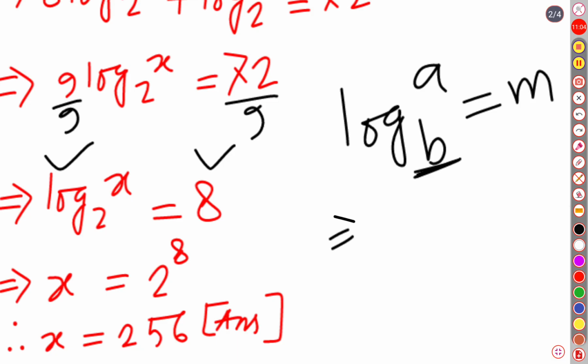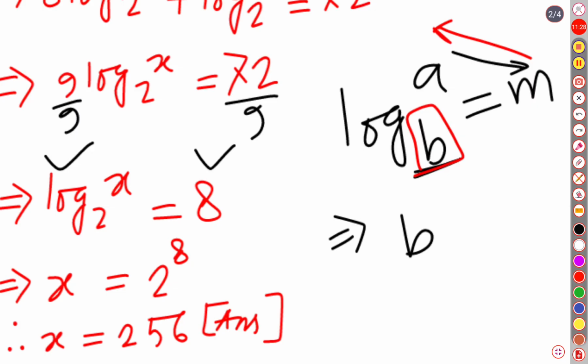The base is b, and the argument and the right-hand side replace each other. Base is still base, and they are interchanging. So instead of a, it is going to be m, and instead of m, it is going to be a. This is the concept.